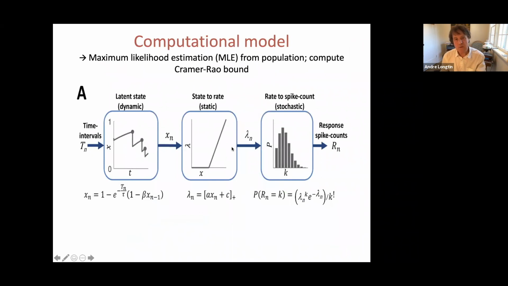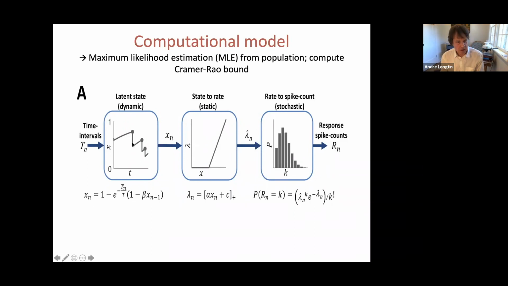So the model that we came up with to figure out how this might be working is a maximum likelihood estimation model. So it's a Bayesian analysis where we have a latent dynamic variable, which is governed by this. This is basically a modification of the Tsodyks-Markram 1997 paper, where X tries to go to 1.